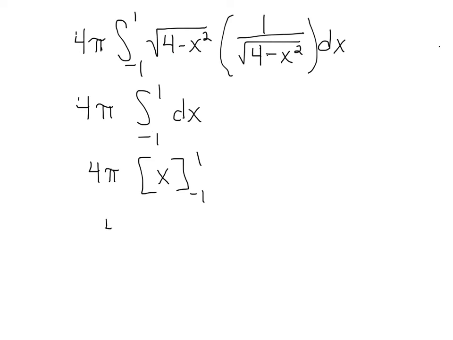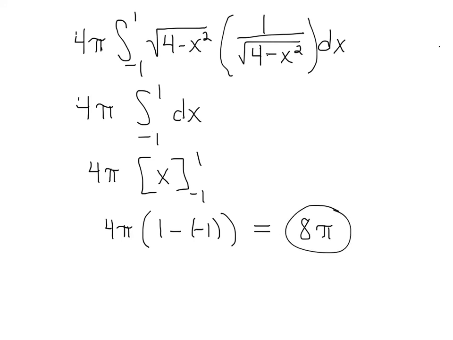That's 4 pi times 1 minus -1, which gives us 8 pi. And that's it. Now you should work through some more examples. That concludes area of a surface of revolution.